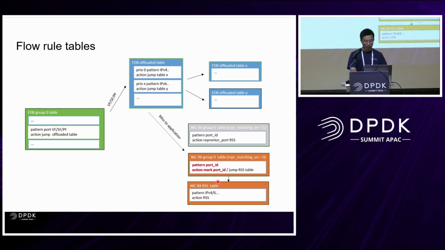Then in the general NIC RSS table, we just match whatever we want, and then the packet goes to the relevant RSS queue. So let's keep in mind, this is the big difference here.